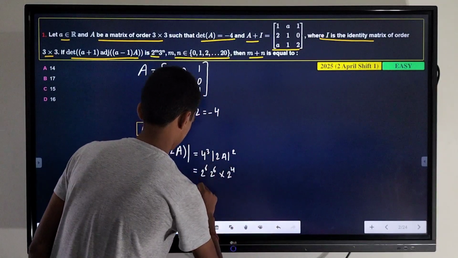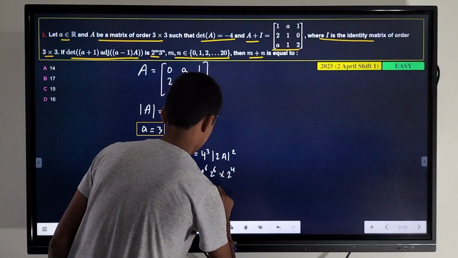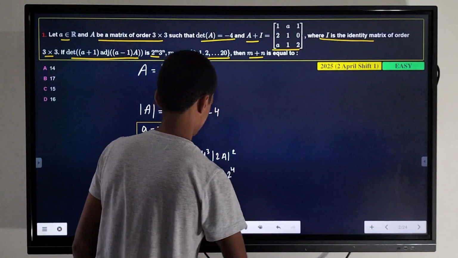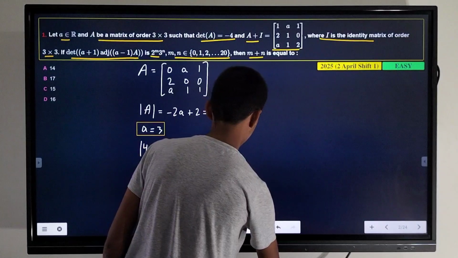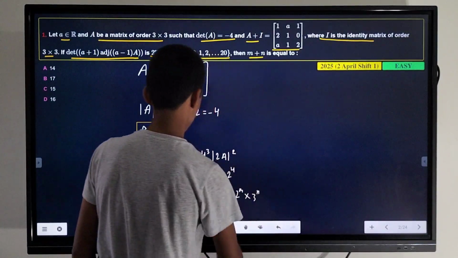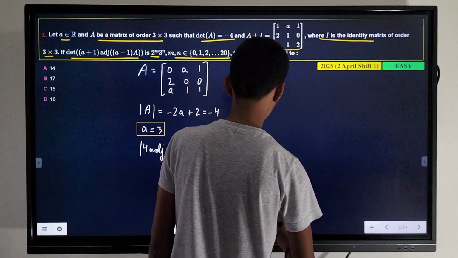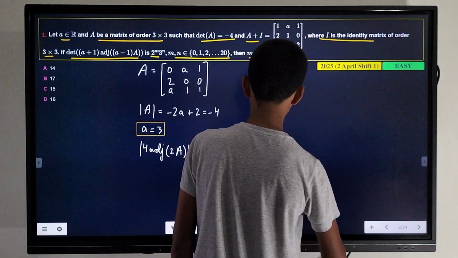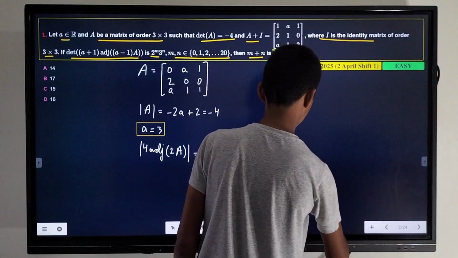From here this is equal to 2 raised to power 16 into 3 raised to power 0. This is equal to 2 raised to power m into 3 raised to power n.